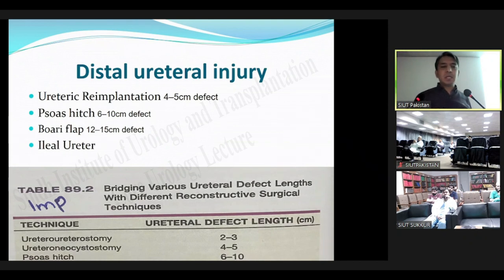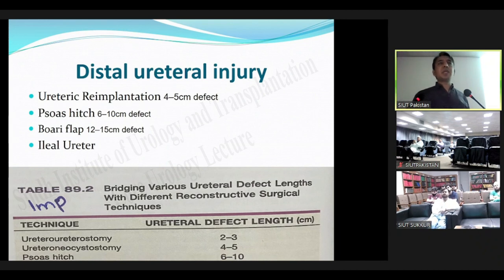But if we are unable to achieve a tension-free anastomosis with ureteric reimplantation, and we need a further 5 centimeter length, then we can perform a psoas hitch. The psoas hitch is performed by fixing the apex of the urinary bladder to the ipsilateral psoas muscle and psoas minor tendon, but the genitofemoral nerve is passing through that area, so it should be saved while performing this.